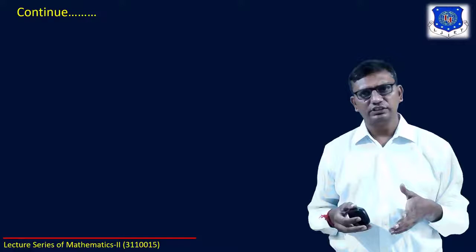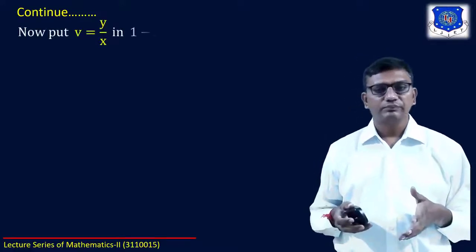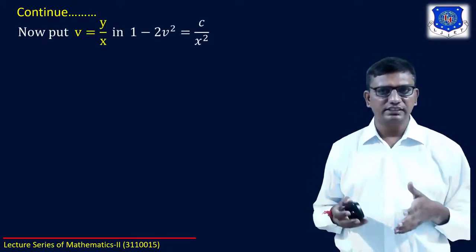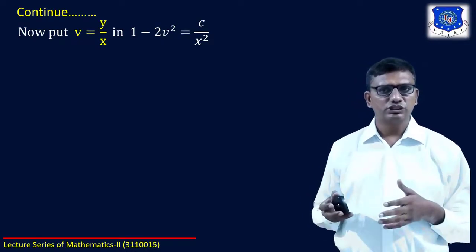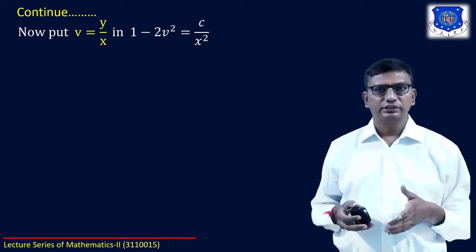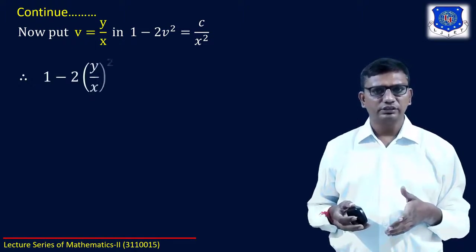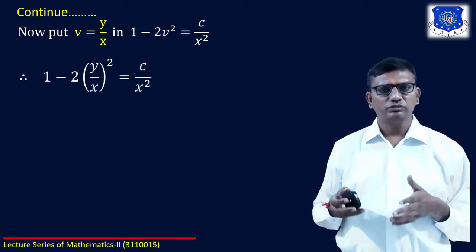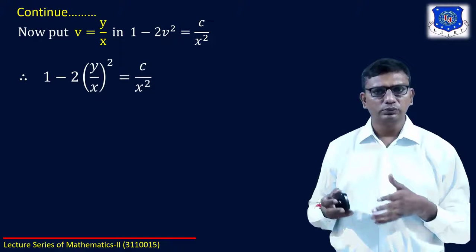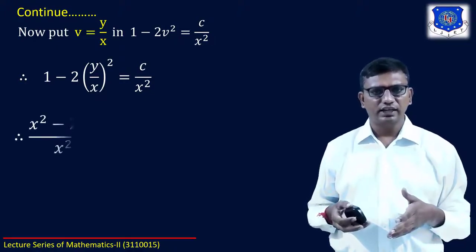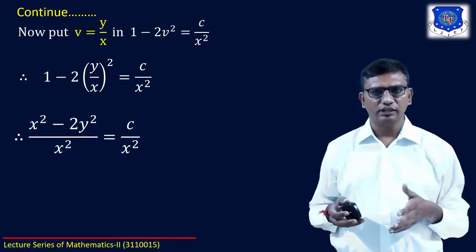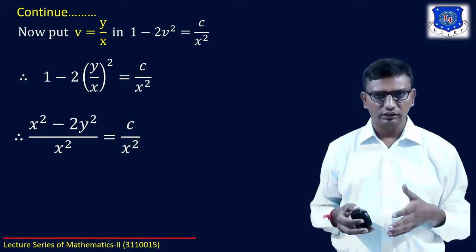Now we will continue with this step. Put v equal to y by x in the general solution. 1 minus 2v square equal to c by x square. Then we get 1 minus 2 times (y by x) square equal to c upon x square. Now take the LCM. Then we get x square minus 2y square upon x square equal to c upon x square.